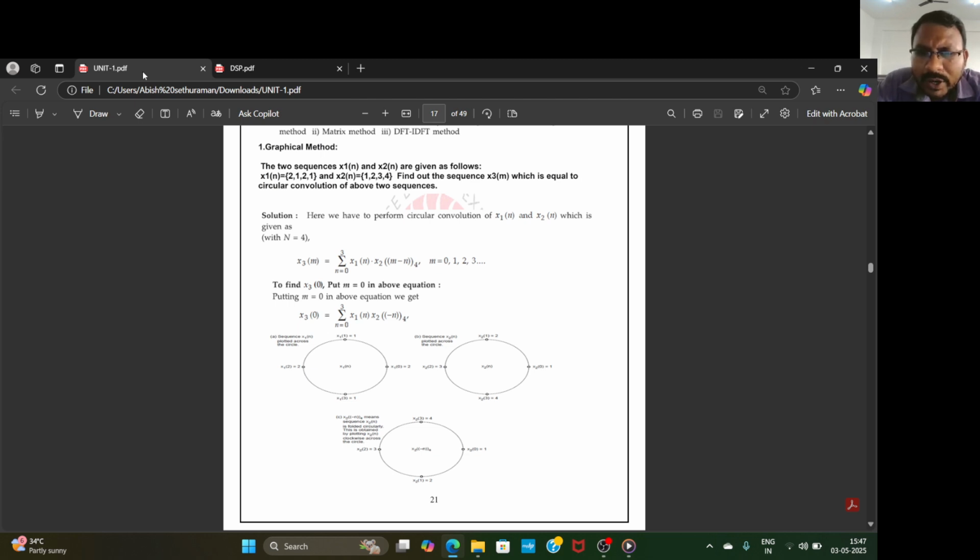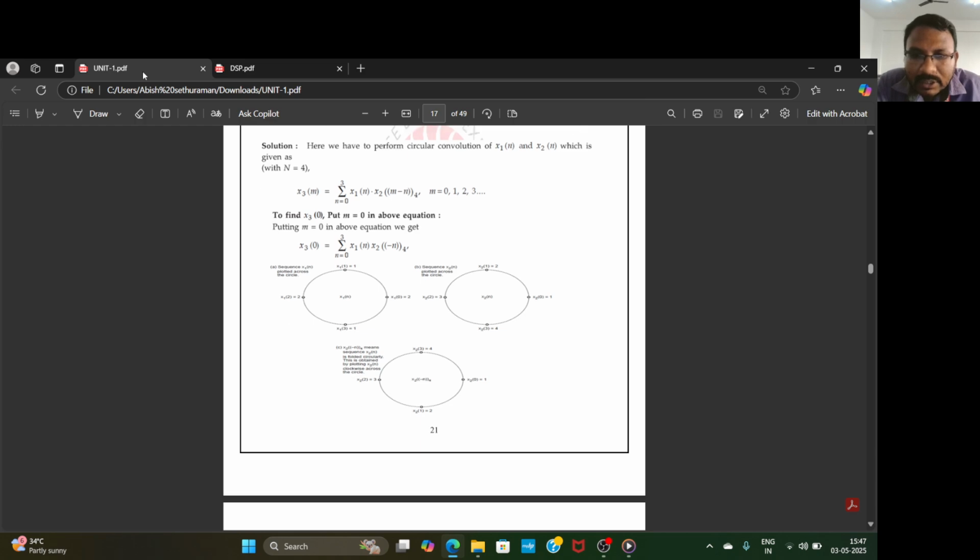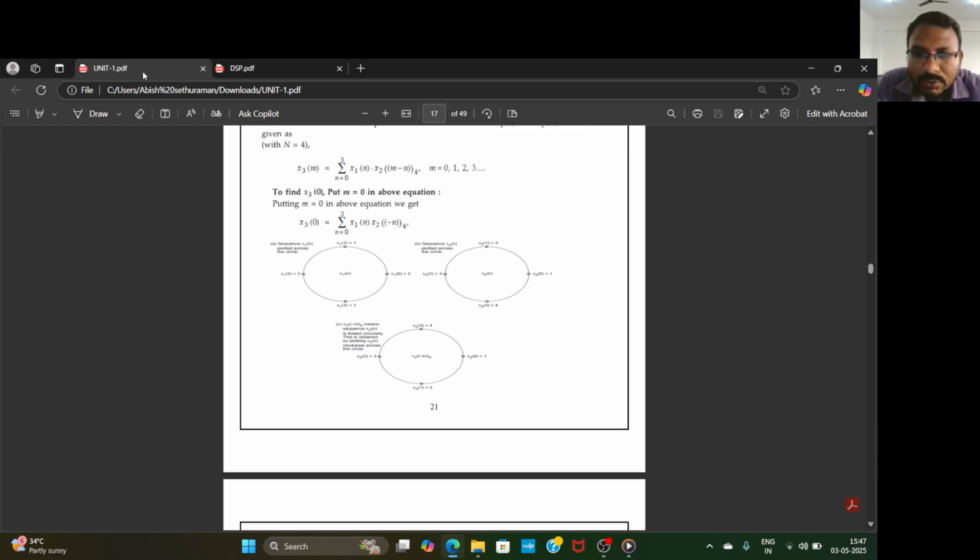First step, to find x3 of 0, we substitute m equal to 0 with n from 0 to 3. So x3 of 0 equals the sum for n equal to 0 to 3 of x1 of n into x2 of minus n. You can see the diagram. First we plot x1 of n, with points x1 of 0, x1 of 1, x1 of 2 and x1 of 3.